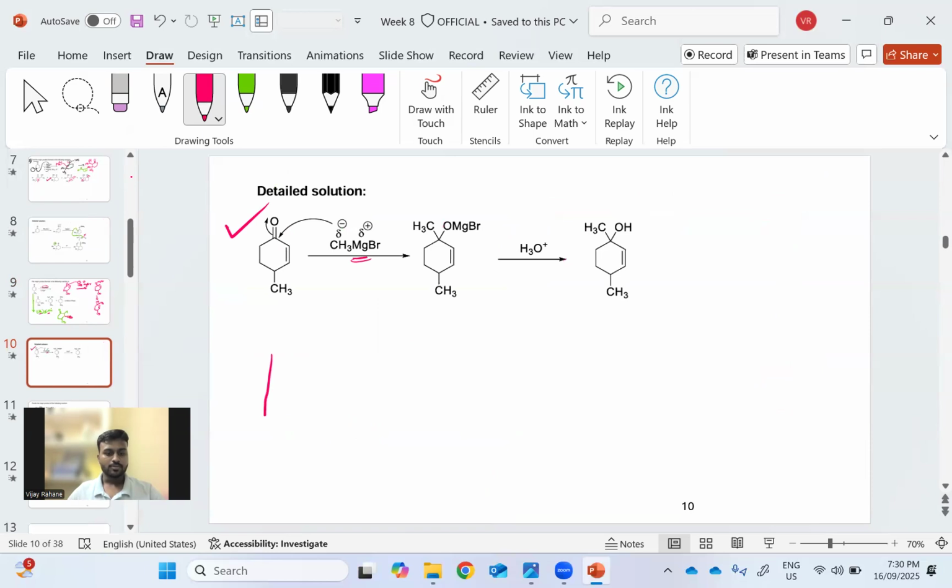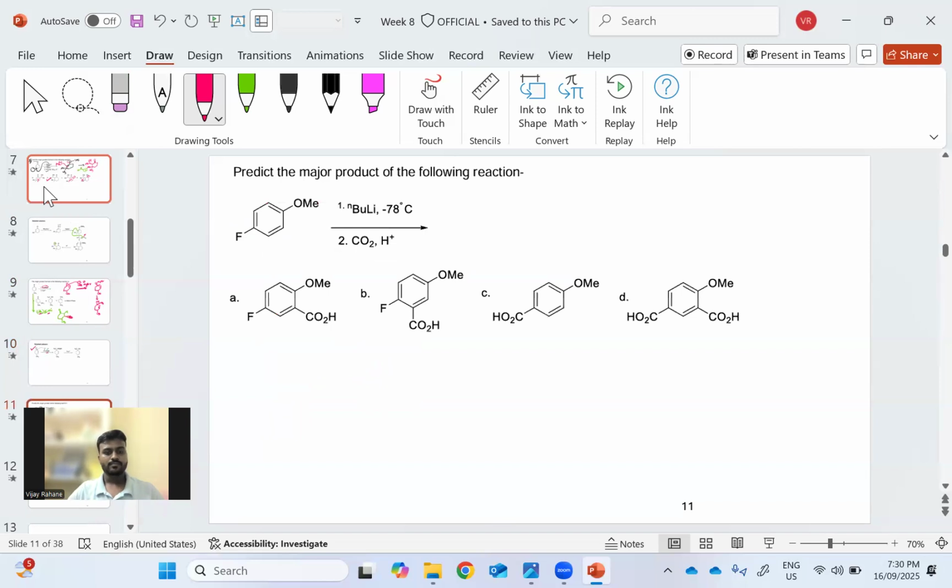But in case of the copper, that will be in a different manner, the 1-4 fashion. All right. So up to here is okay.